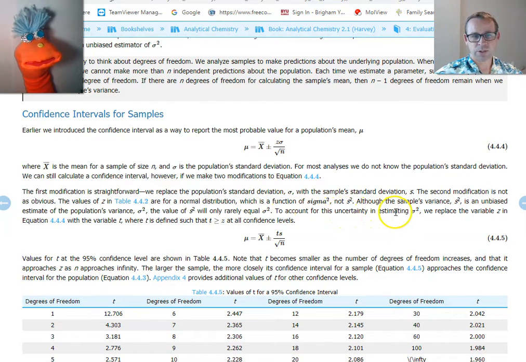So to account for this uncertainty, instead of putting sigma in here we use an s, but to account for that difference, we replace the variable z with a t, where t is greater than or equal to z at all confidence intervals. So you're having to increase your confidence interval if you don't know the true standard deviation.